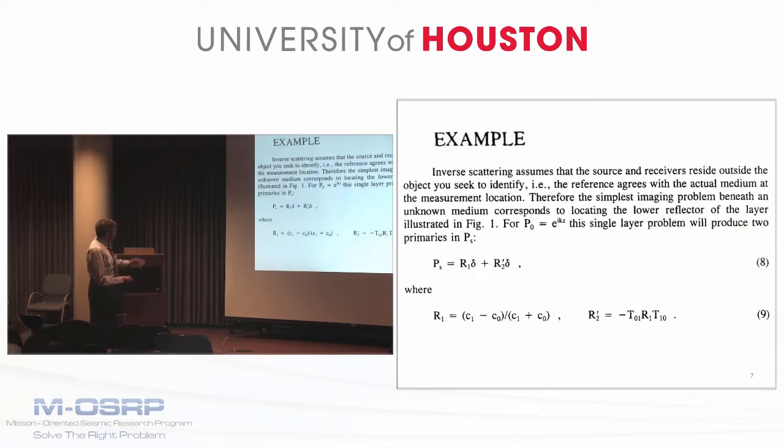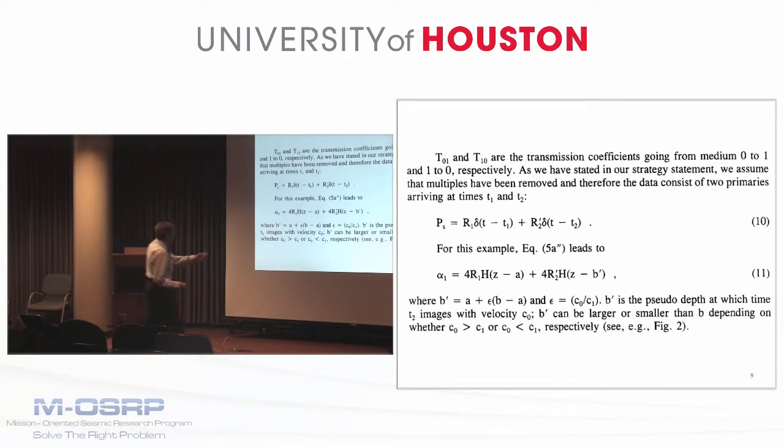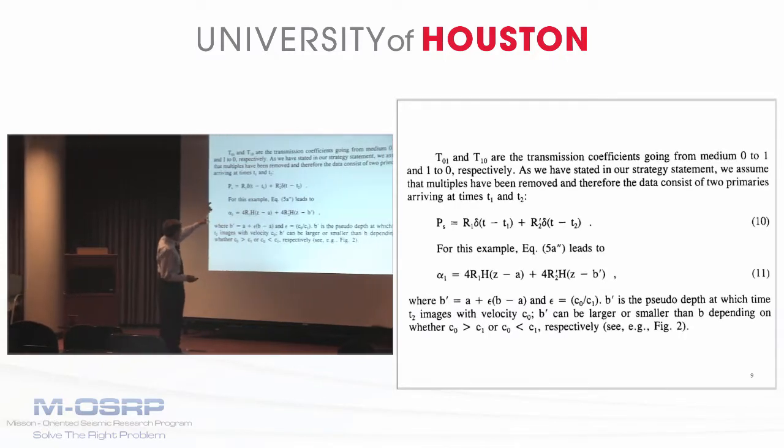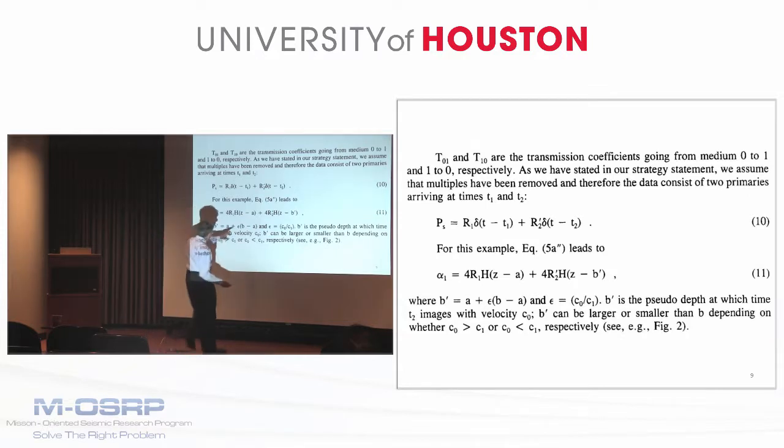Okay. So this is just saying what I just said, R2, and now this is saying this is what the data looks like, that line 10, data for two reflections, and then alpha 1 is well located at A with an approximate amplitude at A, and this is a further erroneous one.